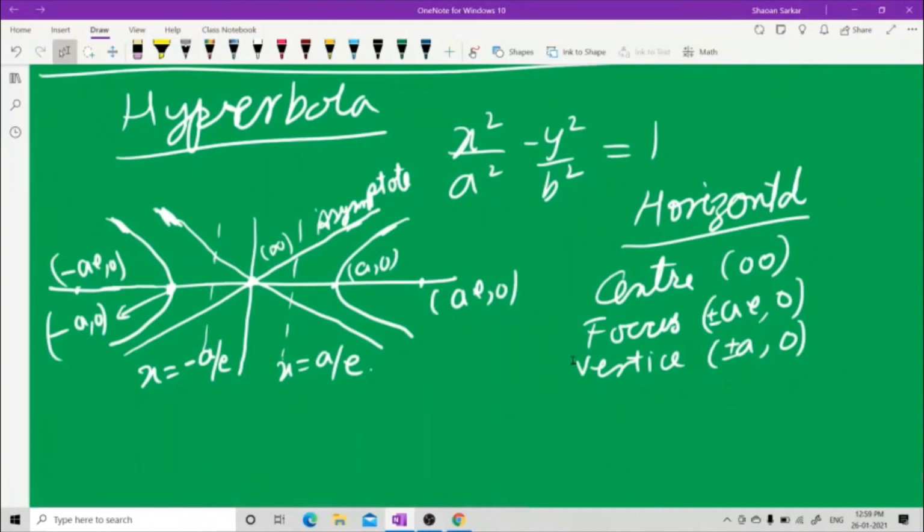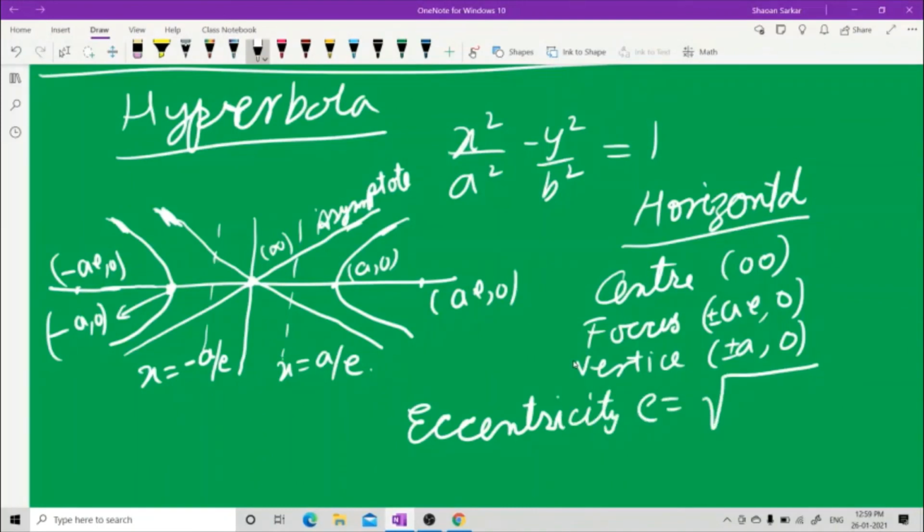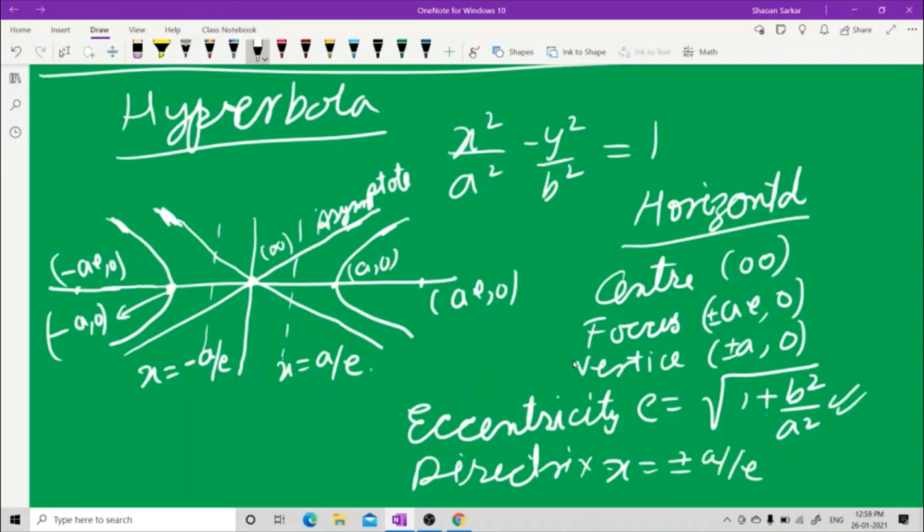See, e is equal to under root of 1 plus b square by a square. In ellipse it's minus, but in hyperbola it is plus. And directrix is as usual, x equal to plus minus a by e. What changes is only here. The rest all remains almost the same.